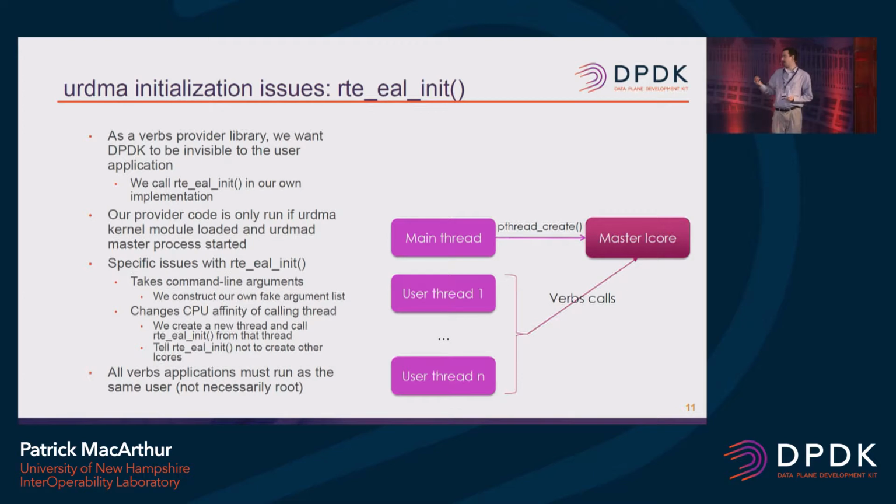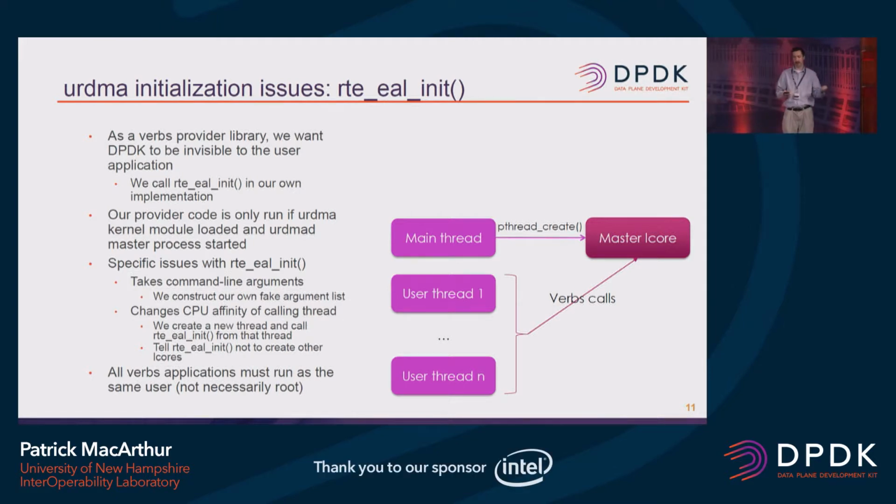And so the issues that were brought up yesterday with rte_eal_init, like it taking command line arguments and changing the CPU affinity of the calling thread, are issues of our implementation of urdma. urdma works around this by spinning off a separate thread to call rte_eal_init, and using that thread that it spins off, that becomes the master lcore, as simply a background progress thread.